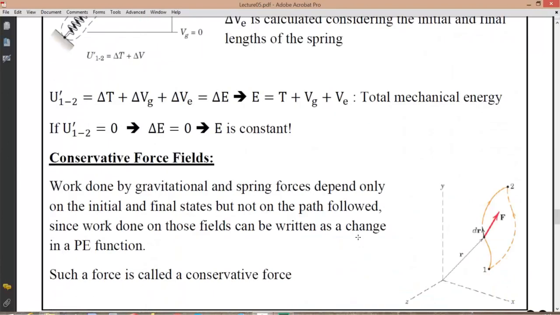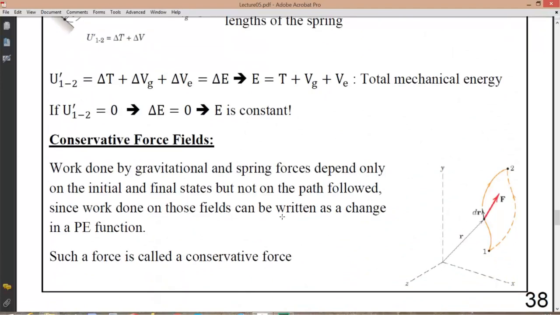So for these types of forces, gravitational and spring forces, they depend only on initial and final states. The path followed doesn't really change anything. And since work done on these fields can be written as a change in the potential energy function, we call these forces conservative forces. So gravitational and elastic, or you can just call it spring forces, are conservative forces.